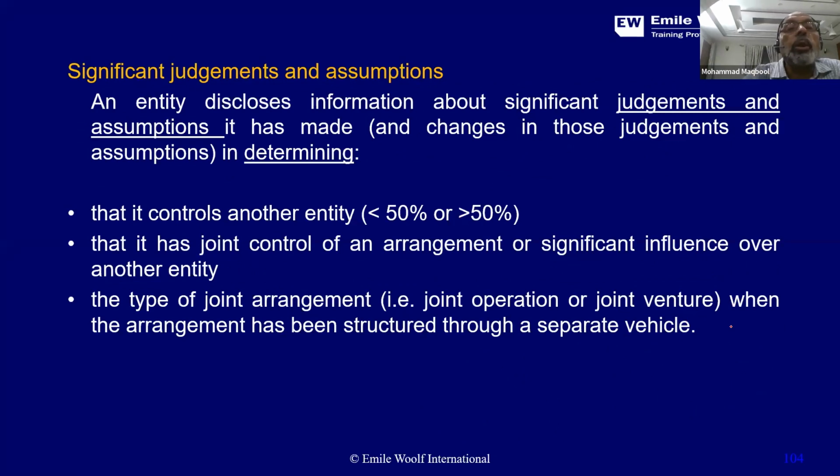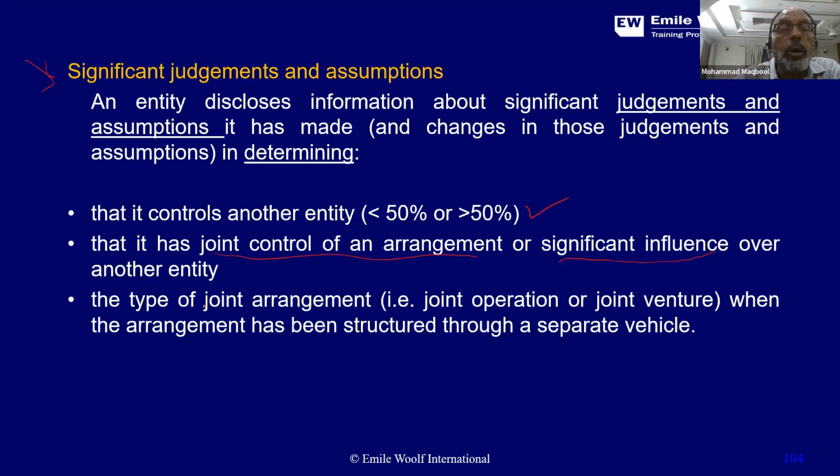We have to disclose the significant judgment and assumptions which have been applied. Where can it be applied? Here. Whether there's a control or not, whether it's a joint control of arrangement, whether significant influence exists or not, a lot of judgment and assumption are there.